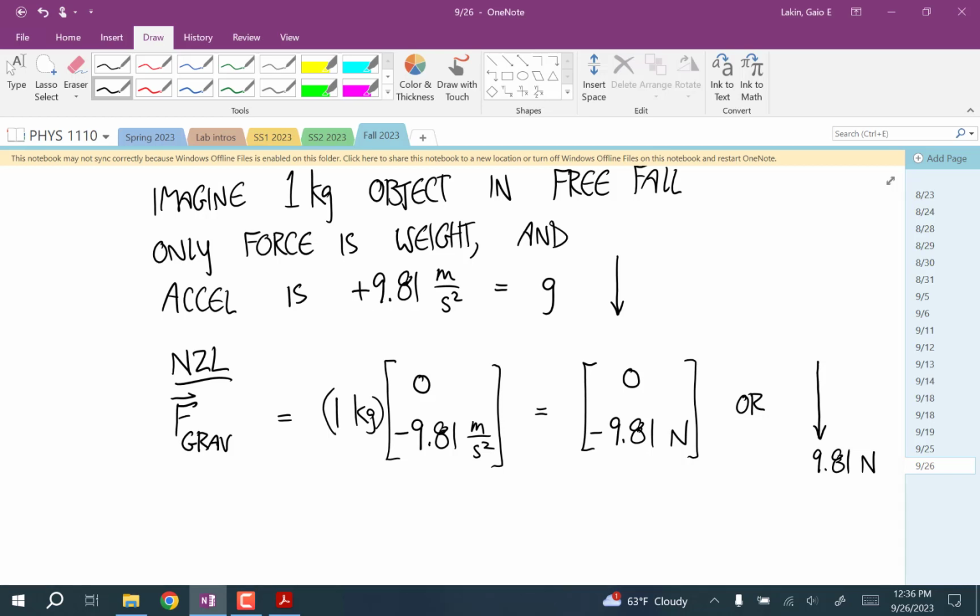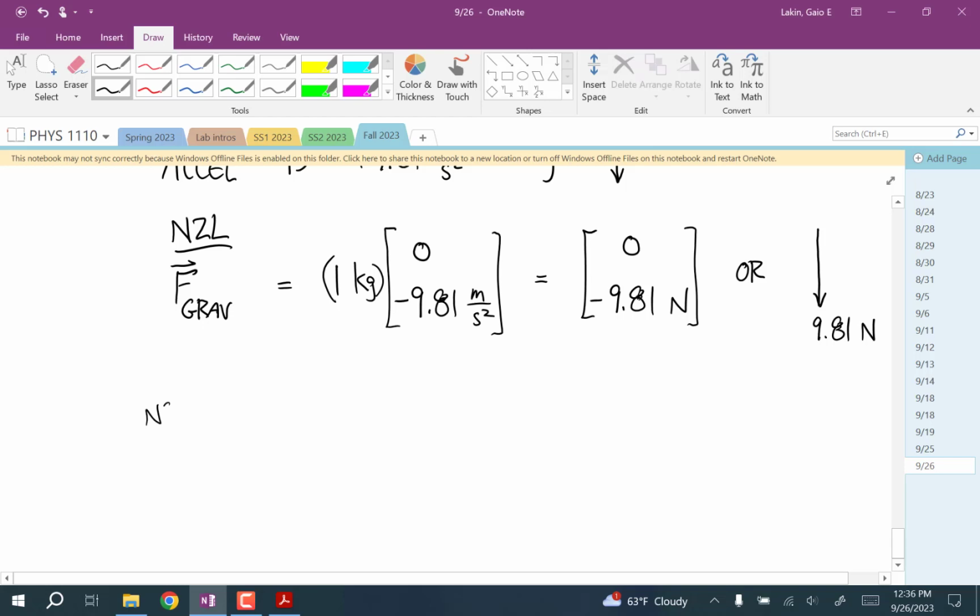So that's pretty good. Maybe our first thought is that gravity applies 9.81 newtons to everything. But let's think of something with a different mass. Now let's do the same thing for a 50 kilogram mass.